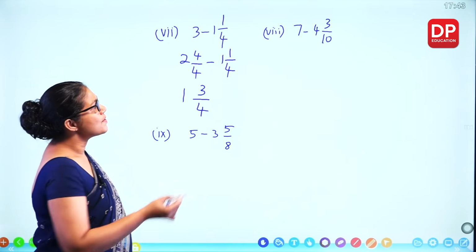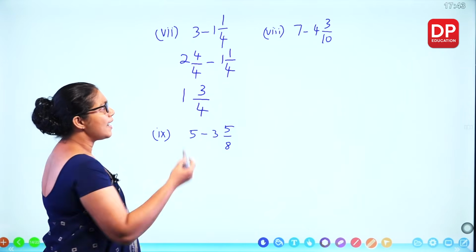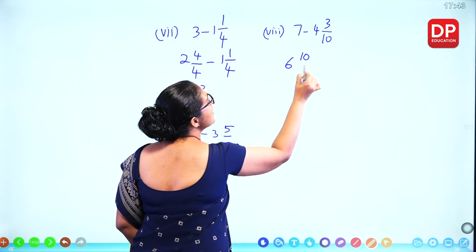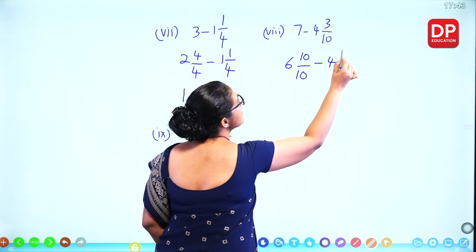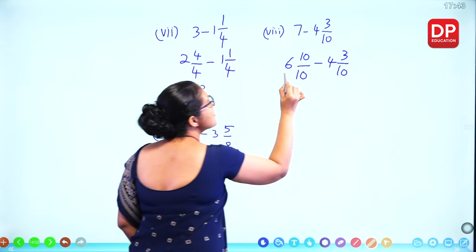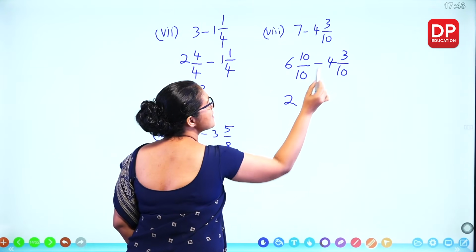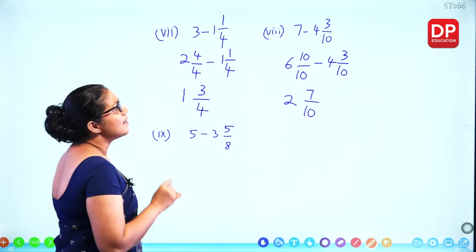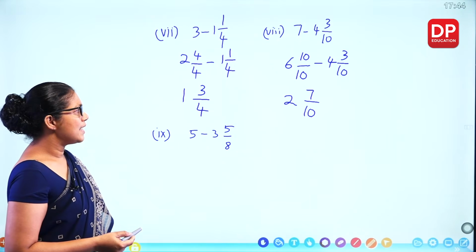What about this one? Instead of 7, how can I write it as a mixed number? I can write 6 and 10 over 10. And here subtract 3 over 10. 6 minus 4 is 2. 10 minus 3 is 7. Straight away you can subtract because you get the same denominator.